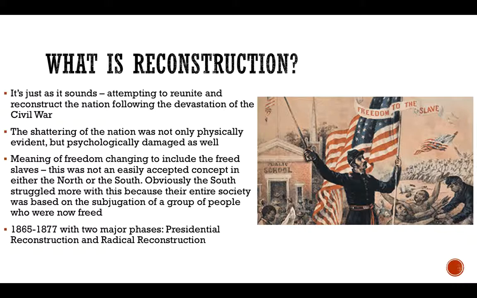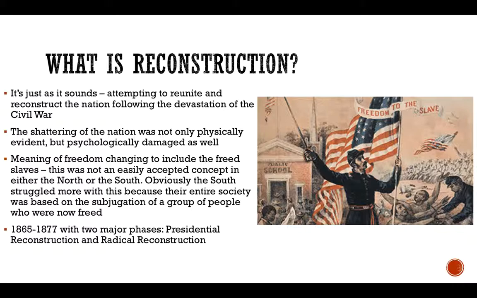So not only the free people needed to figure out what they were going to do for work and how they were going to interact with the society that had enslaved them for years, the white people also had to figure out what they were going to do with a freed population that they felt no responsibility to help progress.